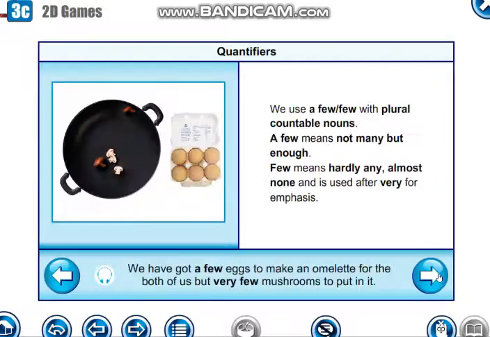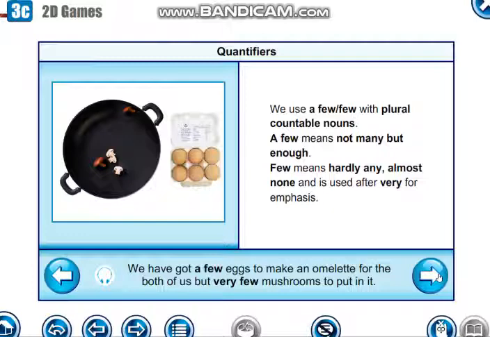The next is we use a few with plural countable nouns. Remember it. A few means not many, but enough. Few means hardly any, almost none. It is used after very for emphasis. For example, we have got a few eggs to make an omelette for the both of us, but very few mushrooms to put in it.